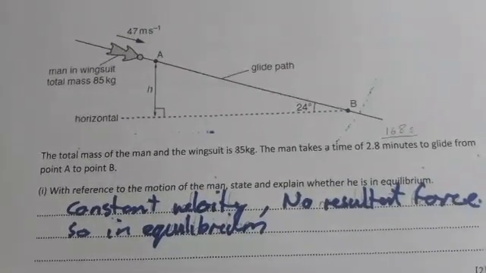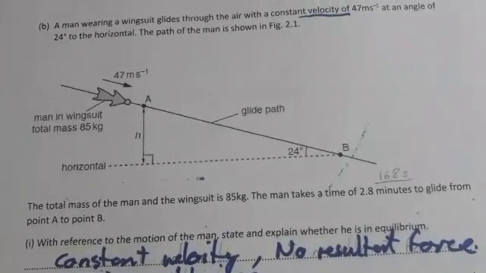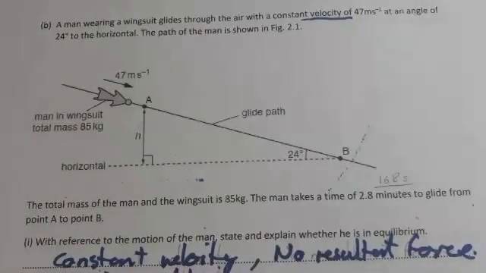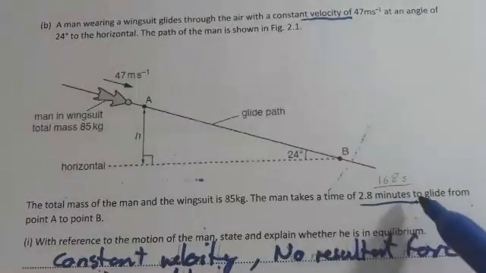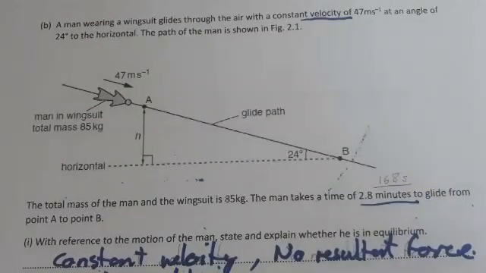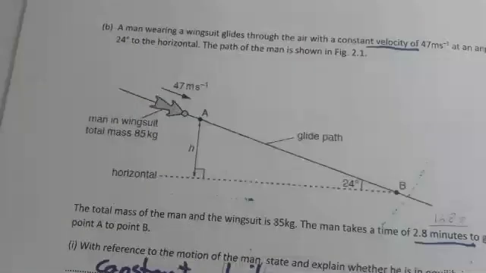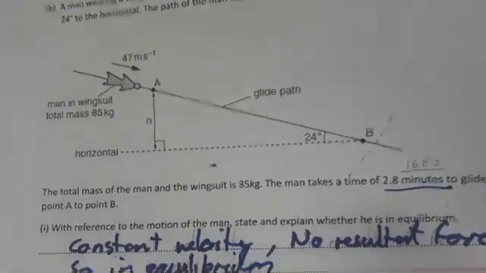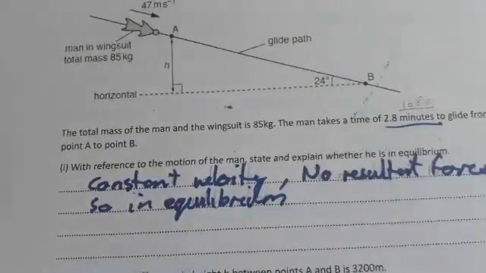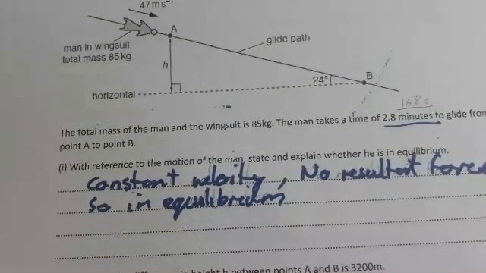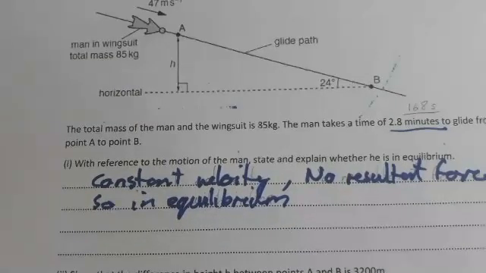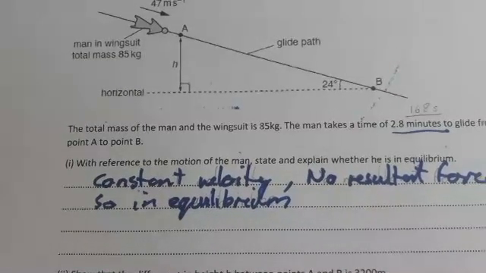Also important to note, they said it takes 2.8 minutes. If you convert that to seconds, it's 168 seconds. Now they ask you to show that the difference in height h between the points A and B is 3,200 meters.